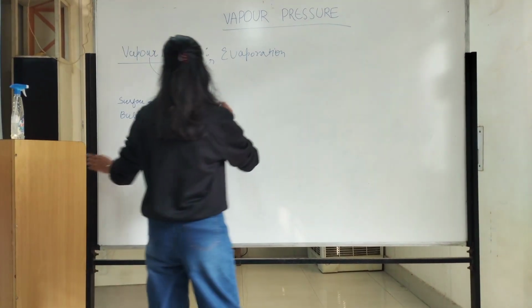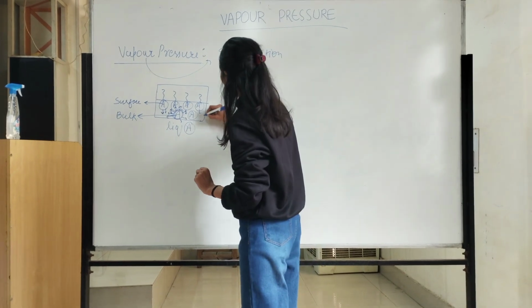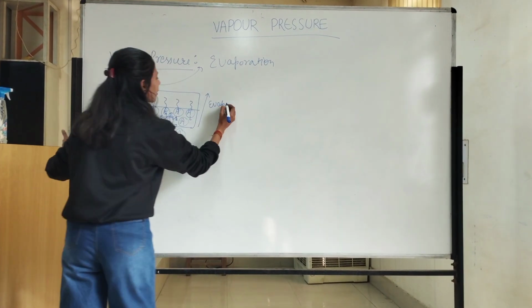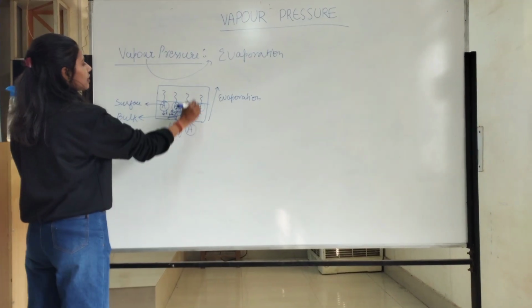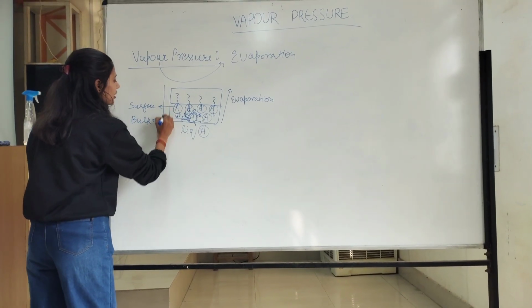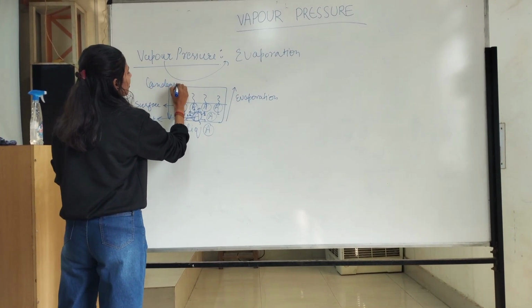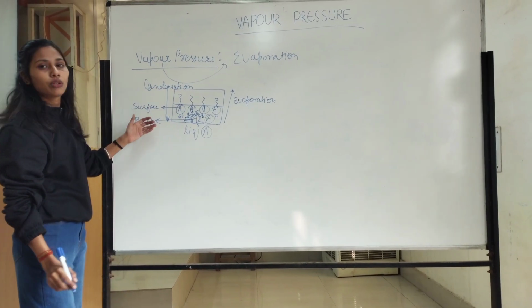So here the two phenomena work. First one is evaporation. These molecules will evaporate, and as we know the container is closed, so the phenomenon of condensation will also take place. Basically, condensation is the phenomenon in which vapors are converted into liquid.